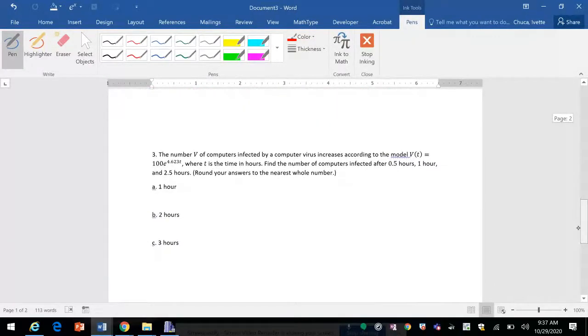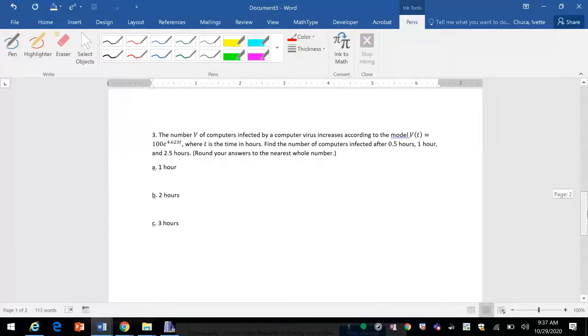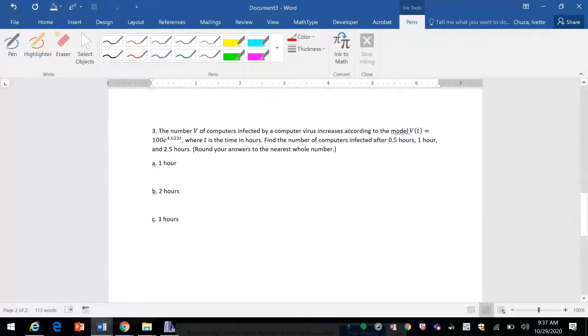And then for question number 3: the number V of computers infected by a computer virus increases according to the model V of t equals 100e raised to the power of 4.623t. So I'm going to go ahead and write this formula since we're going to more than likely use it.